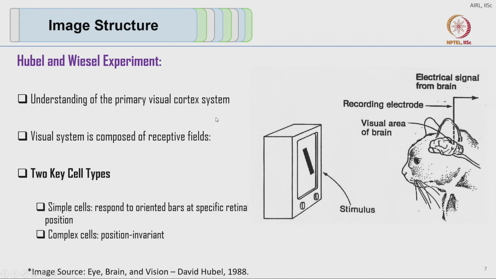There are receptive fields in the visual cortex, and how they function. There are two types of cells they observed. One is a simple cell, which responds to the orientation of the bar. The other one is a complex cell. It is position irrelevant. So you see there is a spatial attribute that I am trying to look at, which is acting like a stimulus.